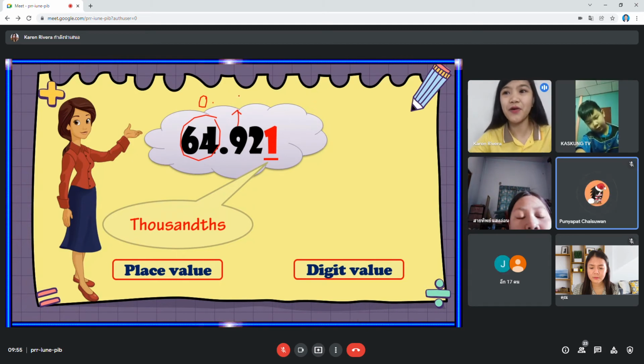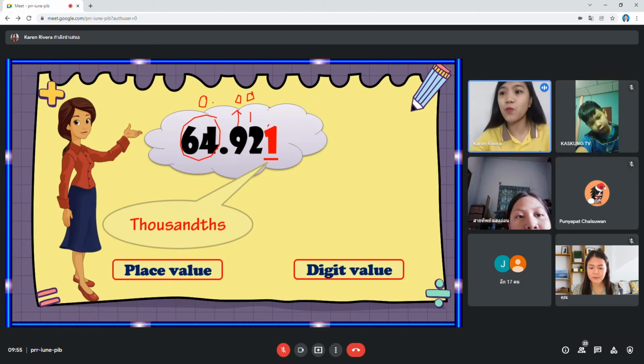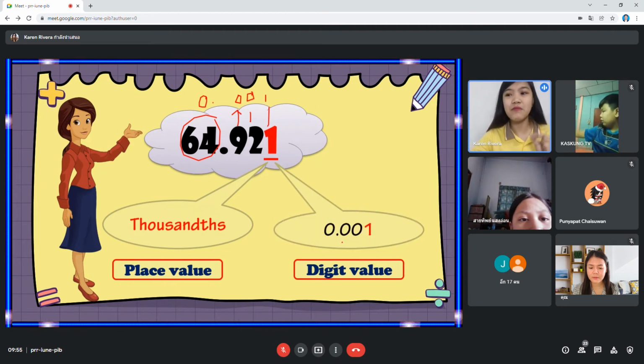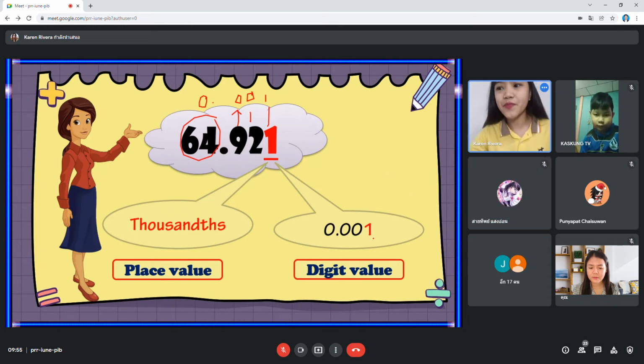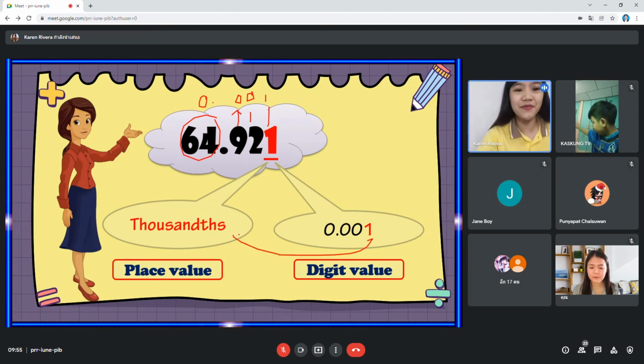Okay, how about number 2? 0. How about 1? Do we need to change it? No, 1. Good job. So the digit value is 0.001. How will you read it? One thousandth. So remember how to read, because today I will call you one by one.